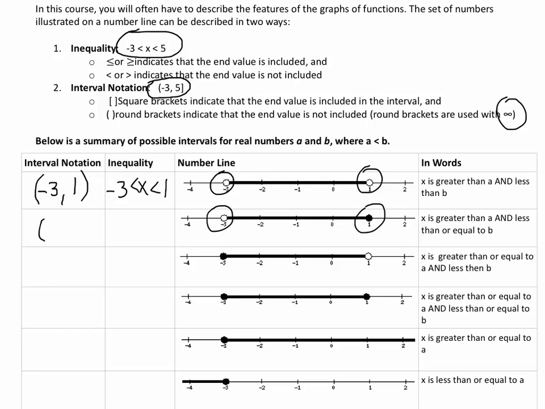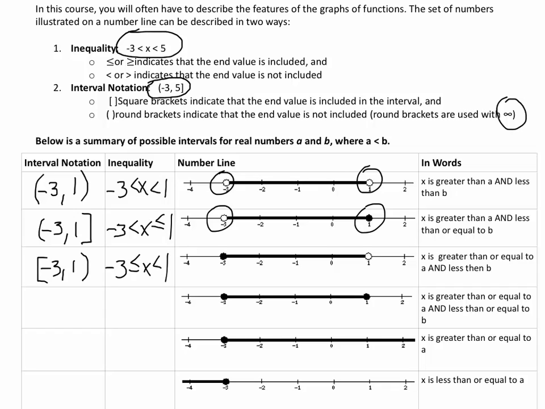So we're going to put a round bracket, -3, 1, closed or square bracket. This is the same as saying x is greater than -3, but less than or equal to 1. Continuing on, we would have square bracket, -3, 1, round bracket, or we would have -3 less than or equal to x, less than 1.